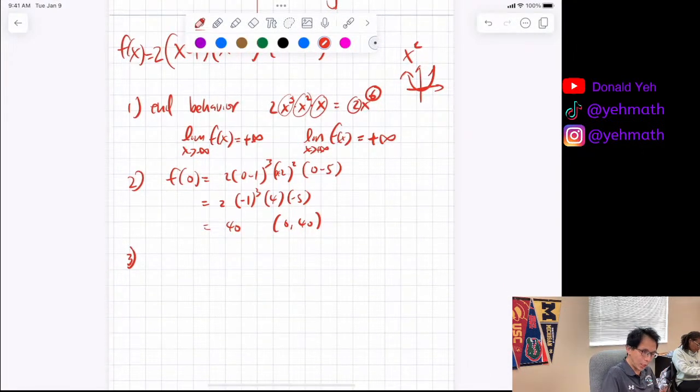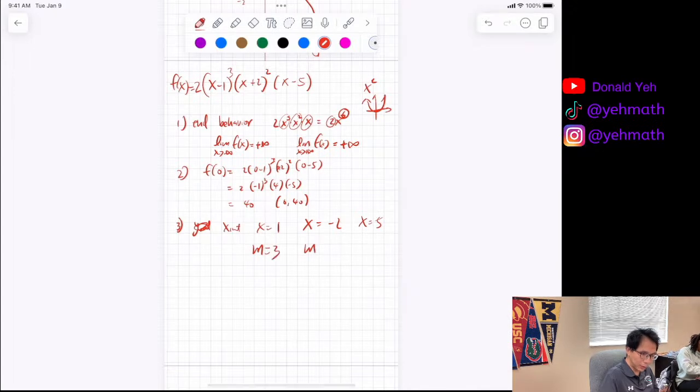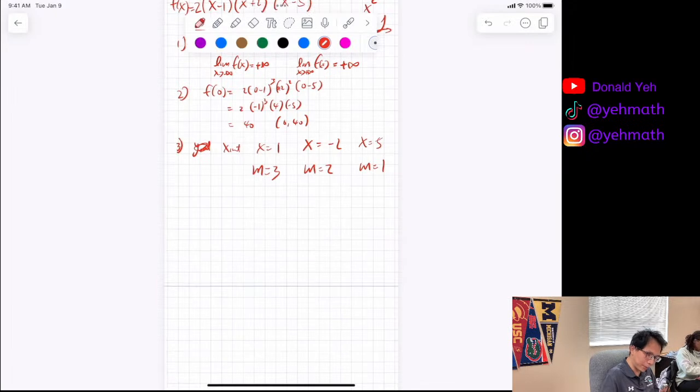The x-intercepts are x equal to 1, x equal to negative 2, and x equal to 5. Where's the multiplicity? 3 for the first, multiplicity 2 for negative 2, and multiplicity 1 for 5. So I'm going to go ahead and graph those in there.